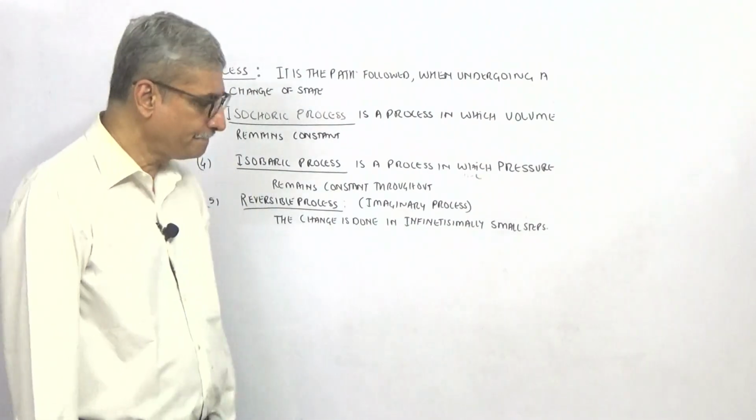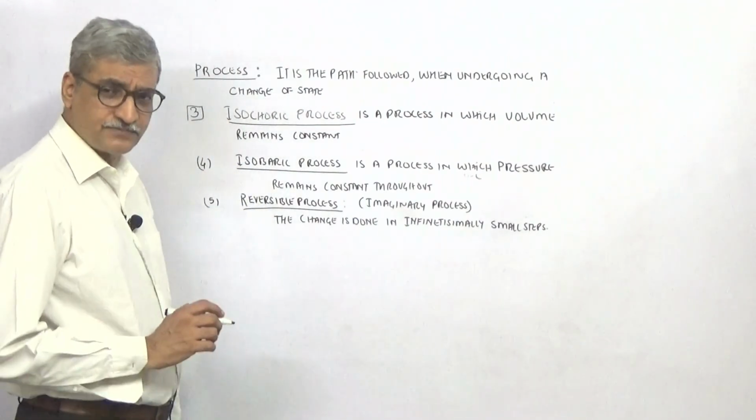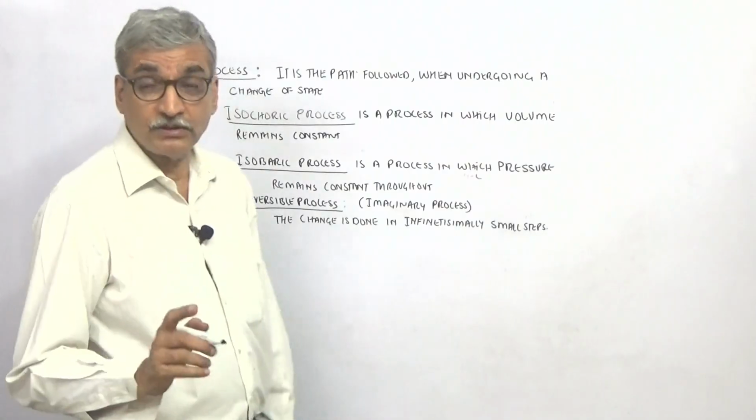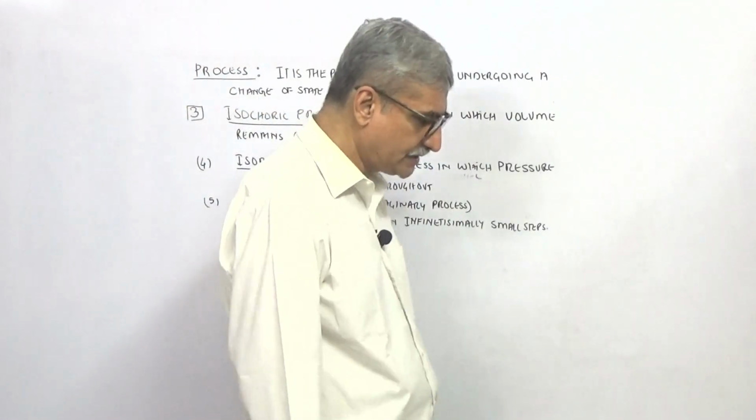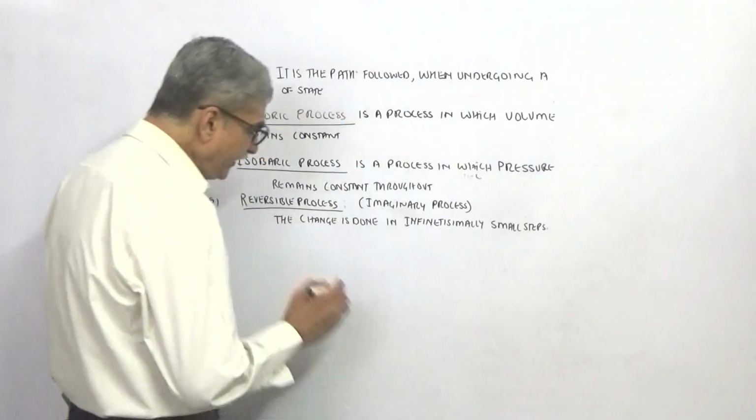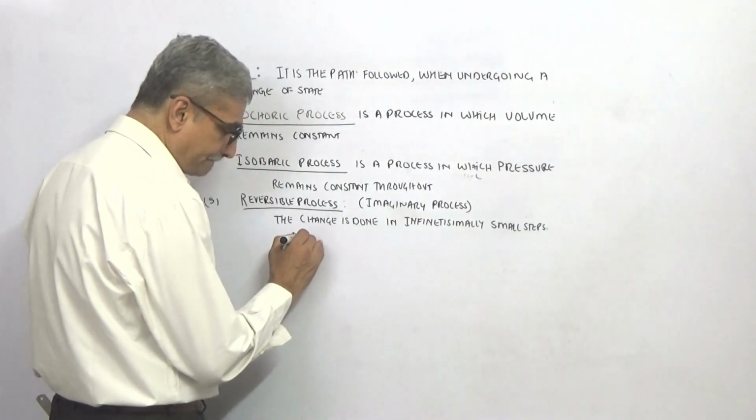Is this clear? What happens when it's done in infinitely small steps? So what are the characteristics of a reversible process? The driving force and the opposing force.